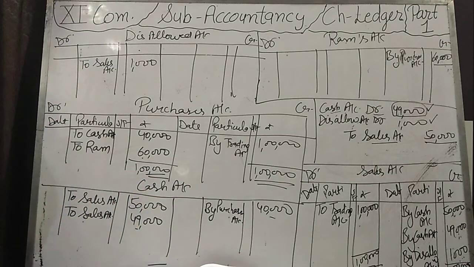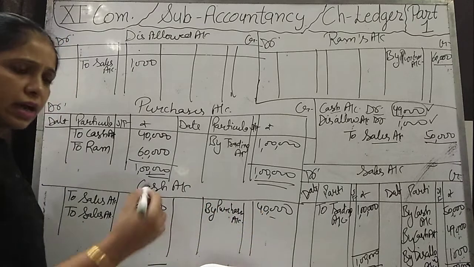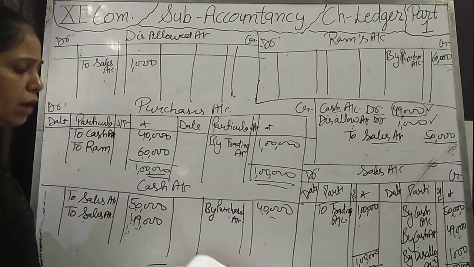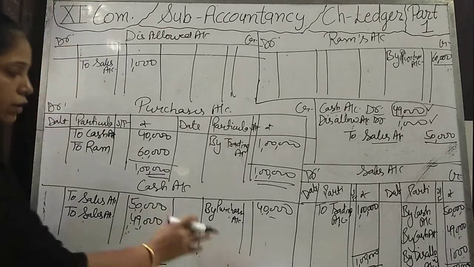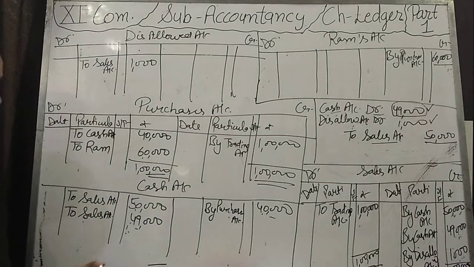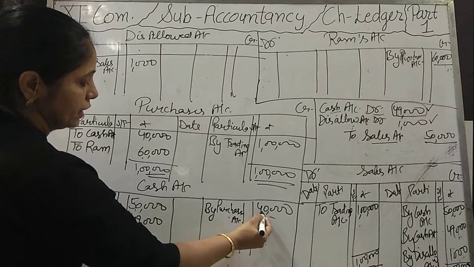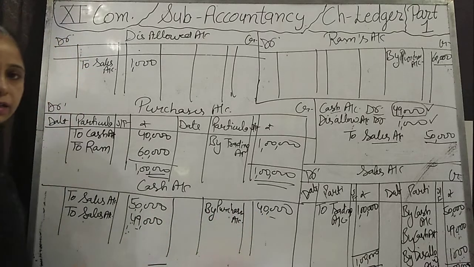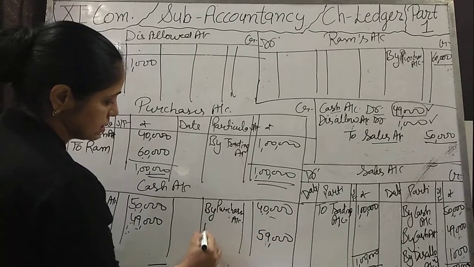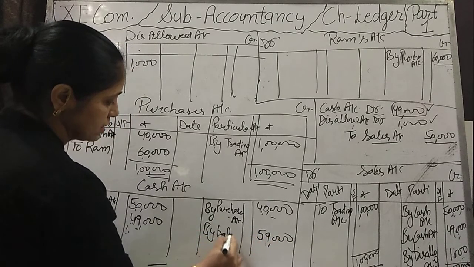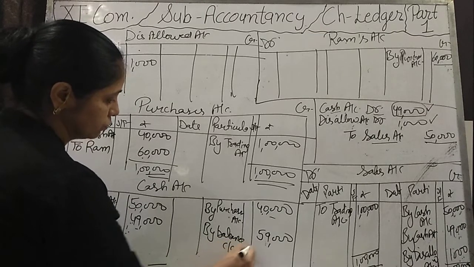Fine. Okay, and cash account, total of debit side 99,000 and 40,000. You can write the total, and without writing the total you can also find the difference of both sides. Writing the total is not necessary, you can do it in rough. Okay, 99 minus 40, it's 59, so 59 is the balance carried down.